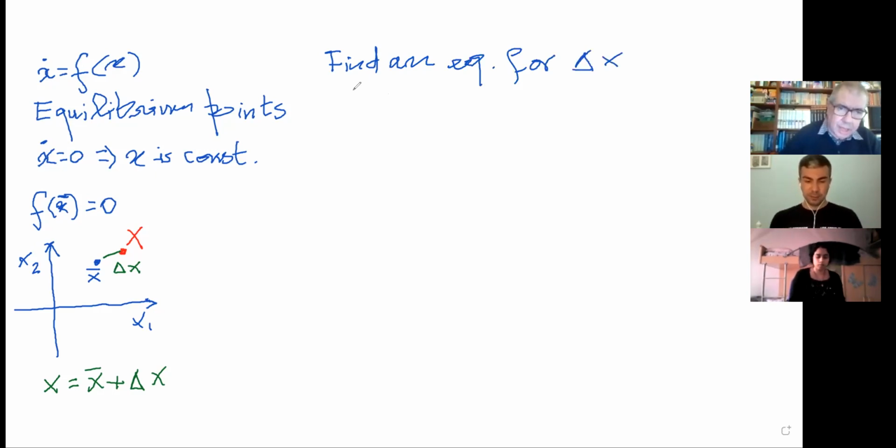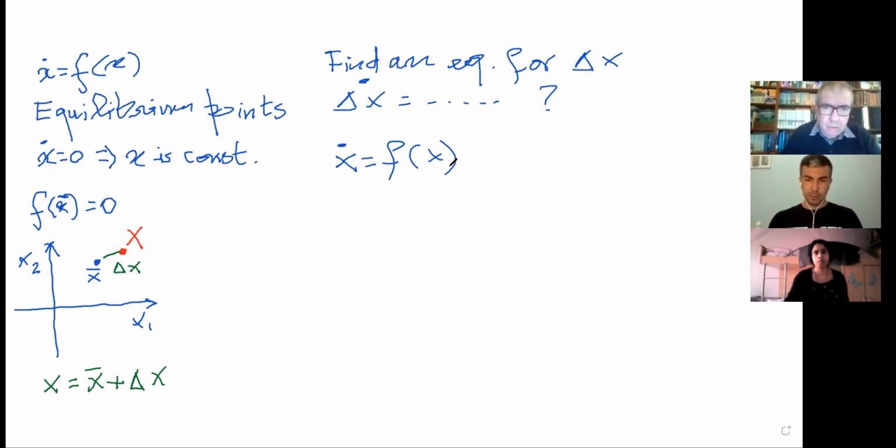So I want to say delta x dot, the derivative, is something. What something? Okay? So let's pick up the original equation. I repeat it here: x dot equals f of x. And now what shall I do? I want to find an equation for delta x. Suggestions.